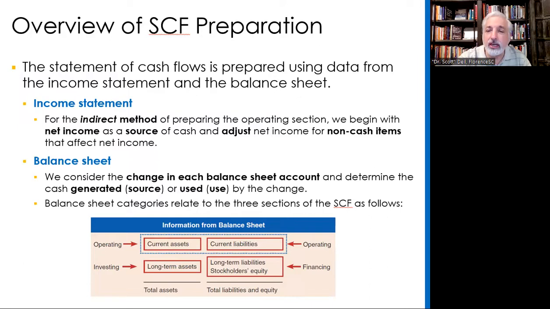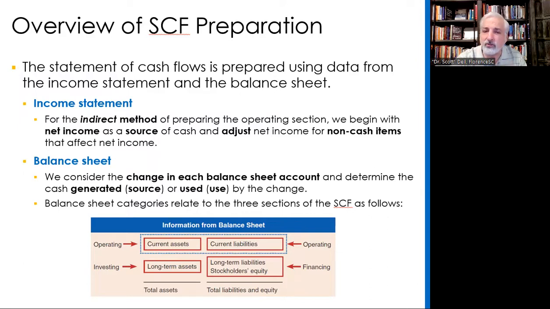We consider the change in each balance sheet account. So let me think of an asset. If I buy inventory, that's a use of cash. If I sell inventory, that's a source of cash. If I get paid for receivables, that's a source of cash. If I sell goods on account and I don't collect the cash, I'm actually financing my customers.